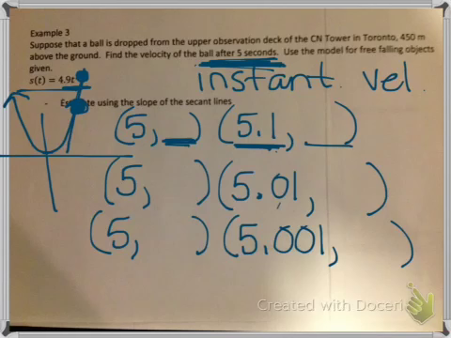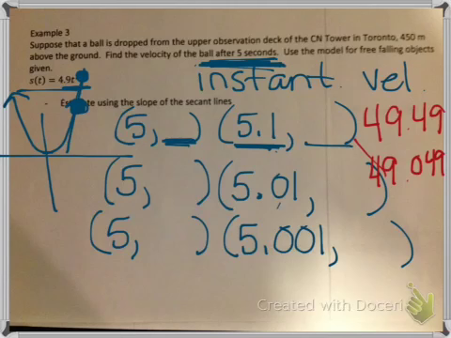Okay, and just to kind of cut down some of the work on the side, the slopes are, the first one comes out to be 49.49. The second one is 49.049. And the third one is 49.0049.